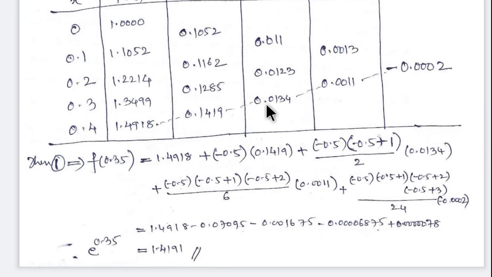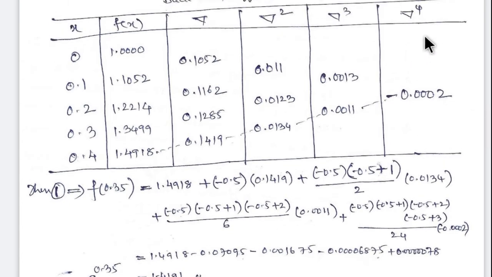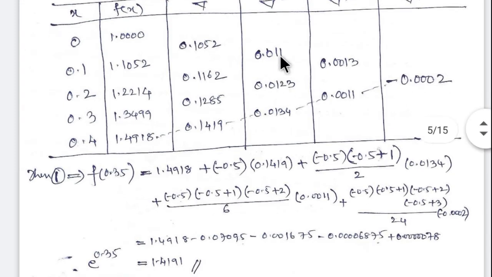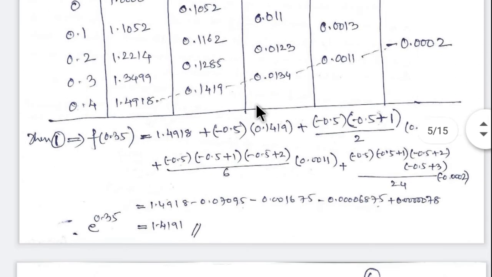Similarly, the next one, 0.0134 minus 0.0123, gives 0.0011. Finally, the fourth order difference: take the difference of these two, 0.0011 minus 0.0013 gives minus 0.0002. Okay, this is the difference table.